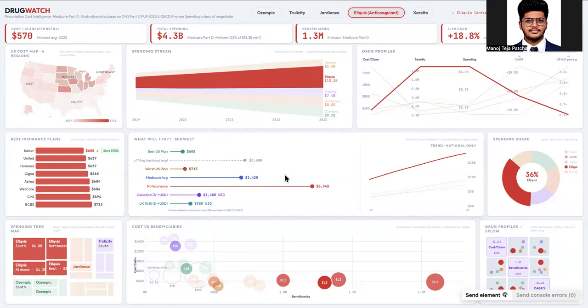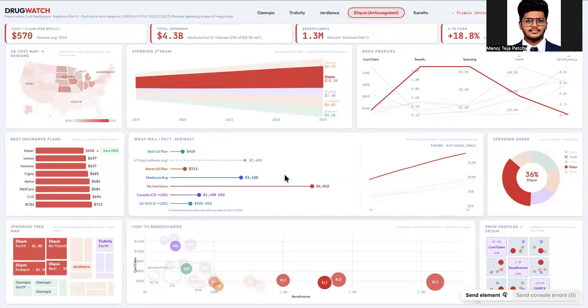So, in conclusion, the DrugWatch dashboards provide a comprehensive view of prescription drug costs across multiple dimensions, be it geographic, temporal, or payer-based. The interactive nature allows users to explore the data and find insights relevant to a specific situation.